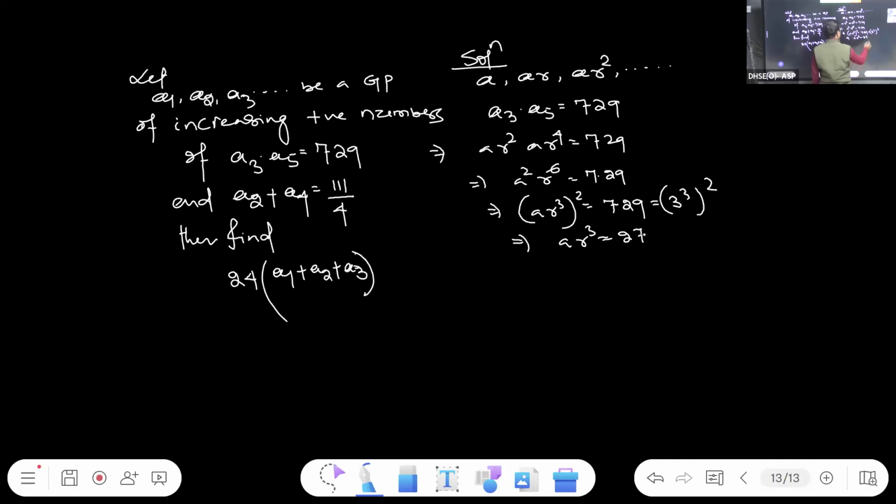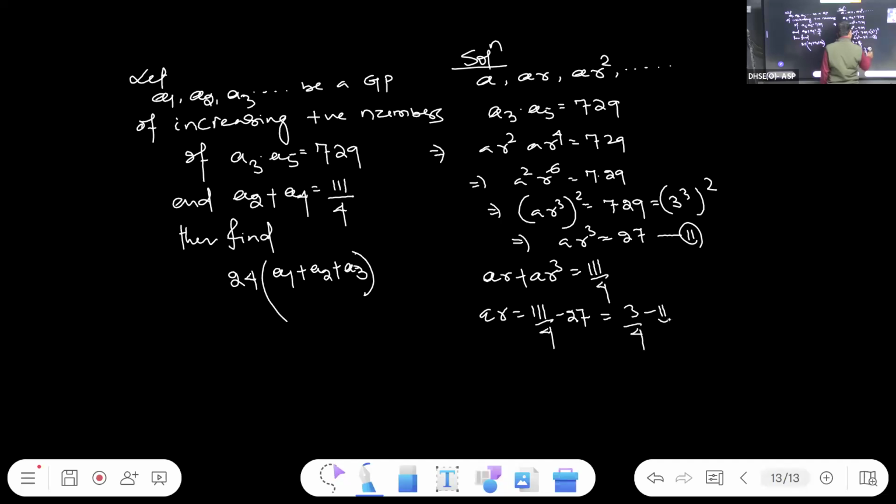Okay, this is equation 1. Again, a2 plus a4, where a2 is ar and a4 is ar cubed, is 111 by 4. Since ar cubed is equal to 27, ar is equal to 111 by 4 minus 27, which is equal to 3 by 4. This is equation 2.